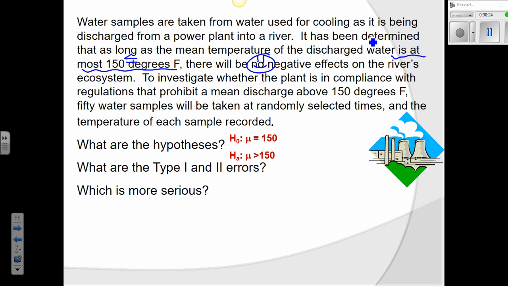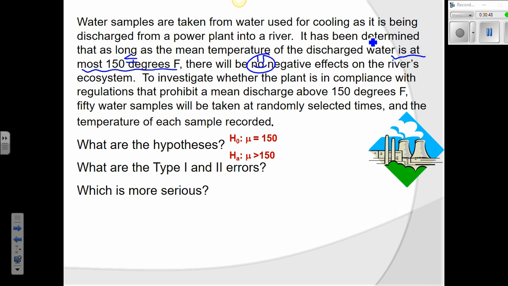Do we care if it's lower than that? No, that means they're in compliance. When is it going to be kind of iffy? When it's equal to 150. It's out of compliance when it's above, right? Anything that's lower than that, fantastic.